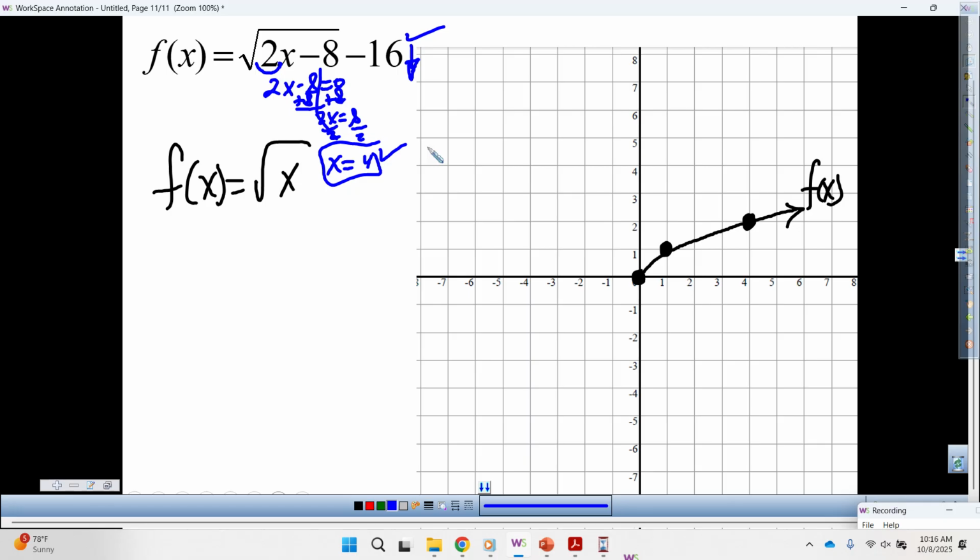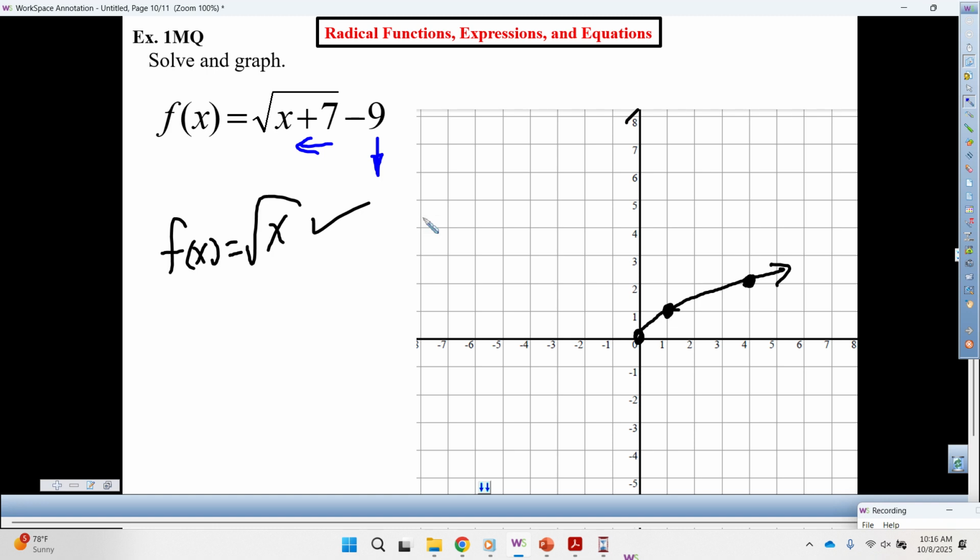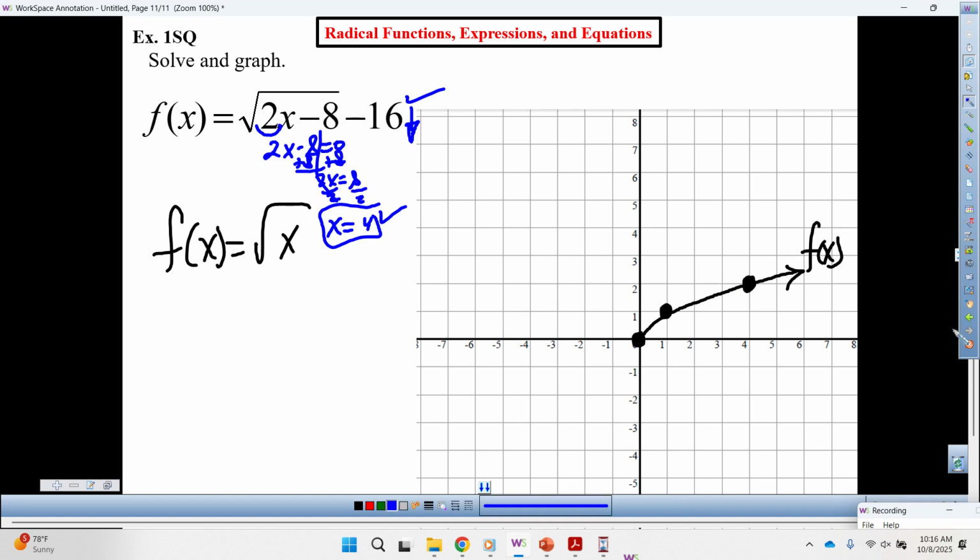All right, once again, I said don't copy this. I'm just elaborating on this. All right, explain to your neighbor one more time why this one is different from that one. Talk it over with your neighbor.